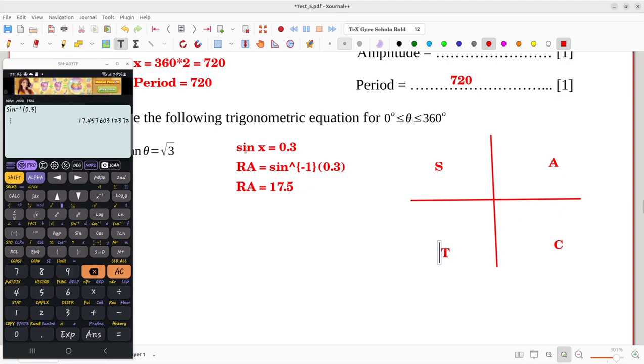And then what you are going to do is to check the given equation. In our case, we have sine, and this sine is positive. It's sine that is positive, and sine that is positive is in all and here.